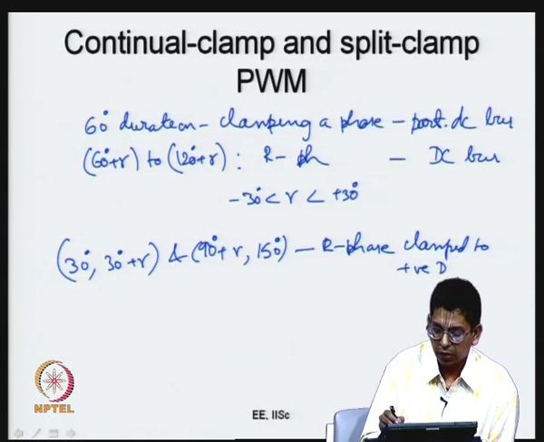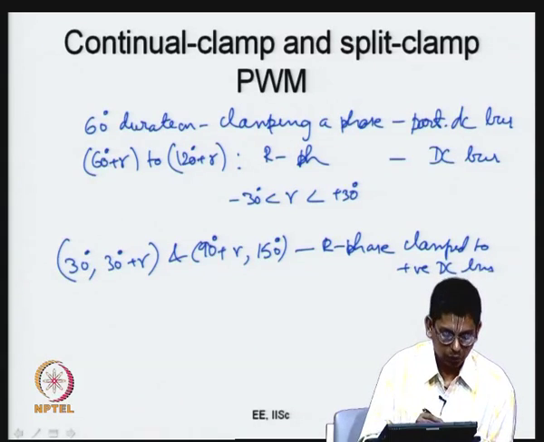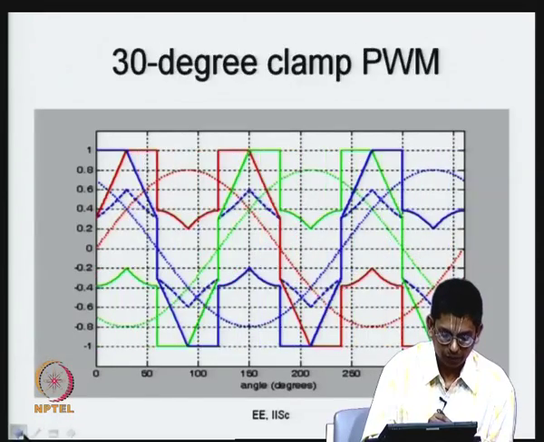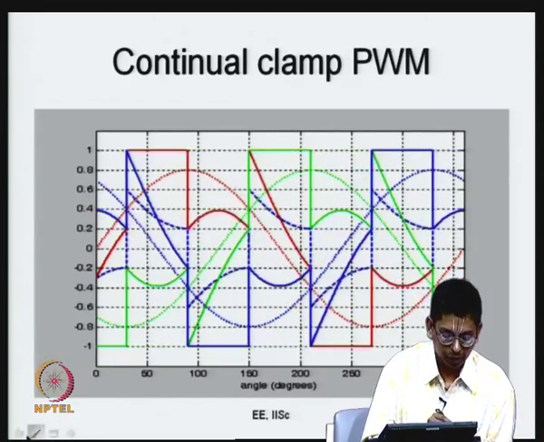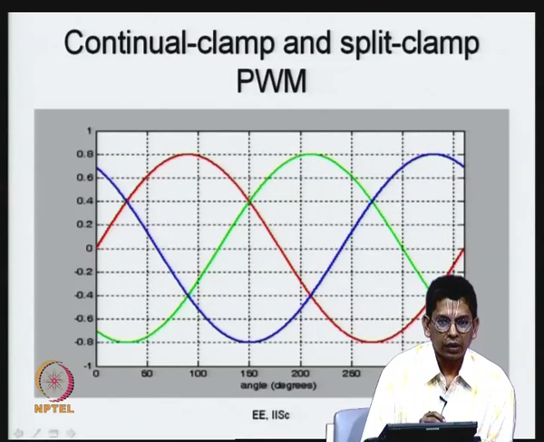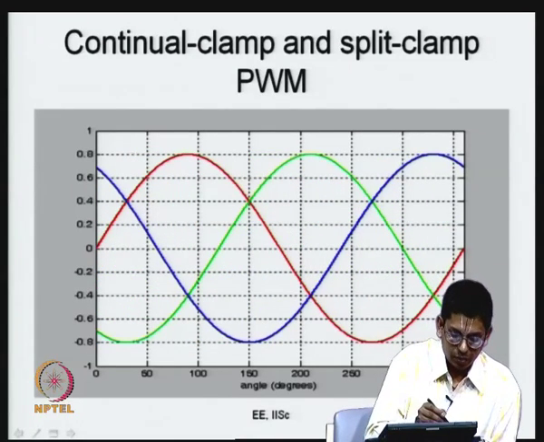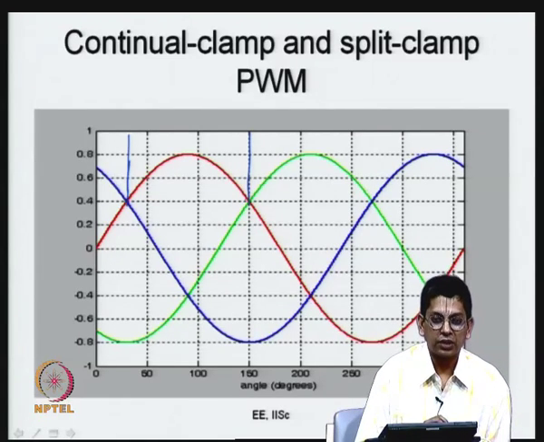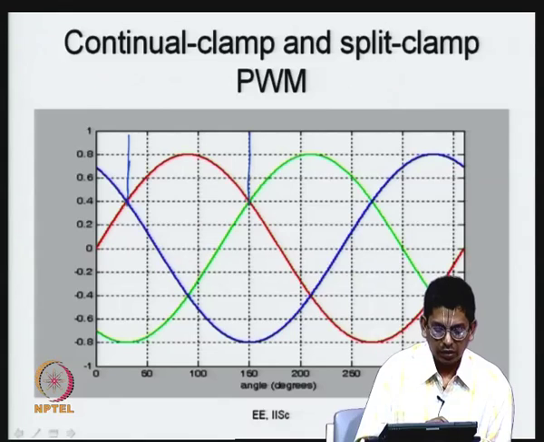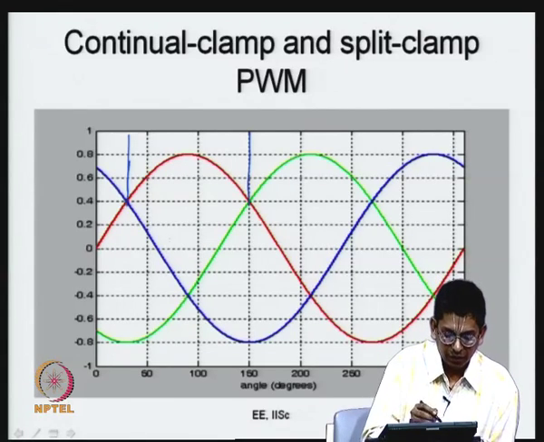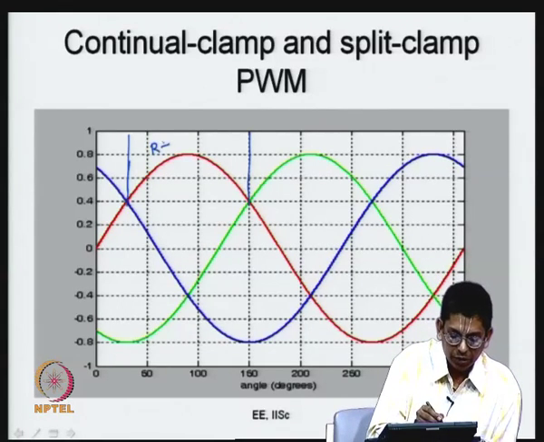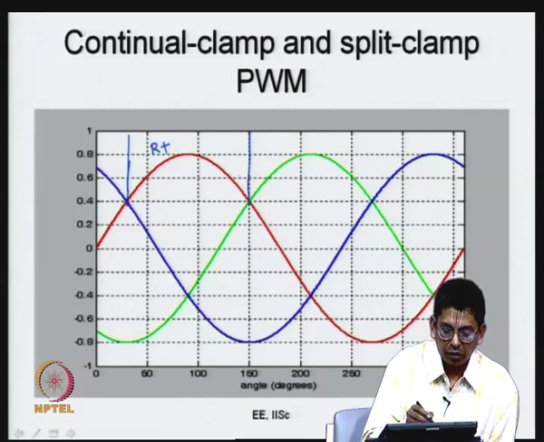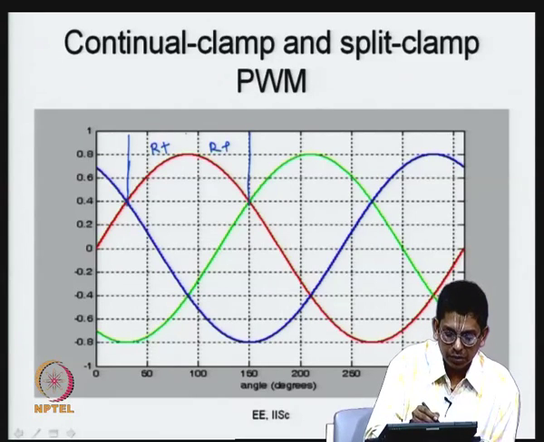Let us look at the 3 phase sinusoidal waveform somewhere, that will make things clearer. We have an option, R phase for example, you can clamp it between here and here, you can clamp to the positive DC bus. Now, if you take this interval, R can be clamped to the positive DC bus, here also R can be clamped to the positive DC bus.